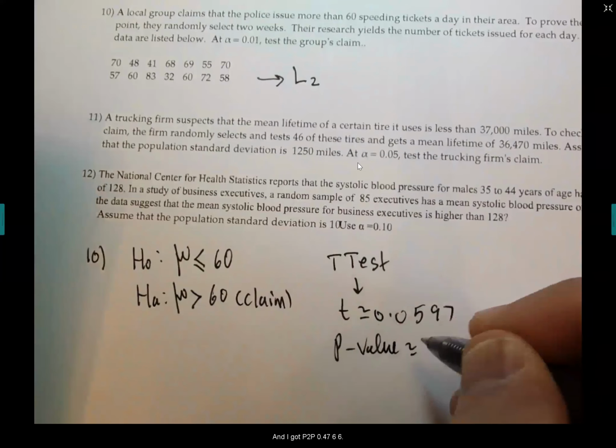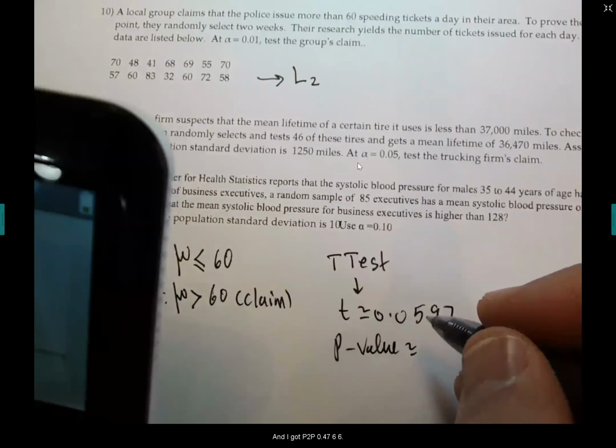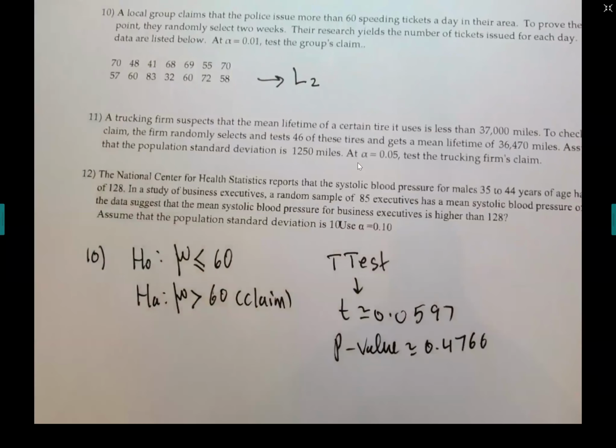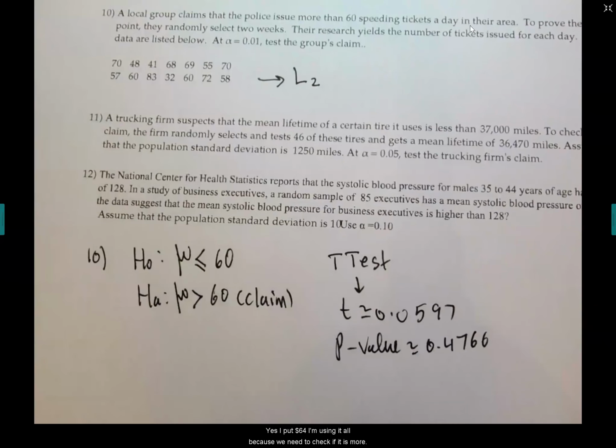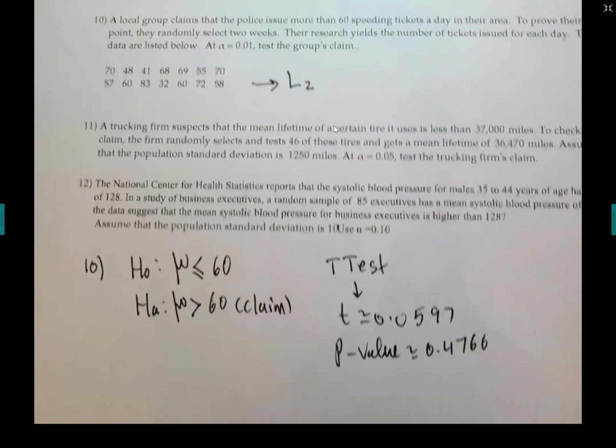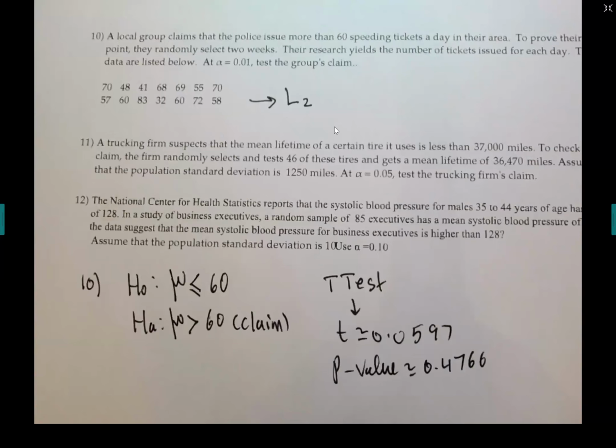And I got p to be 0.4766. Yes, I put 60 for mu 0 because we need to check if it is more than 60. So that's what I got.